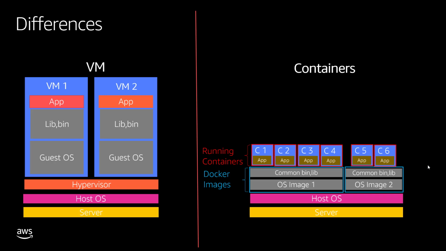These containers are also isolated from the other containers. For example, the address space of container 1 over here is different from the address space of container 2. So if a process is crashing on container 1, it does not affect what is happening on container 2.